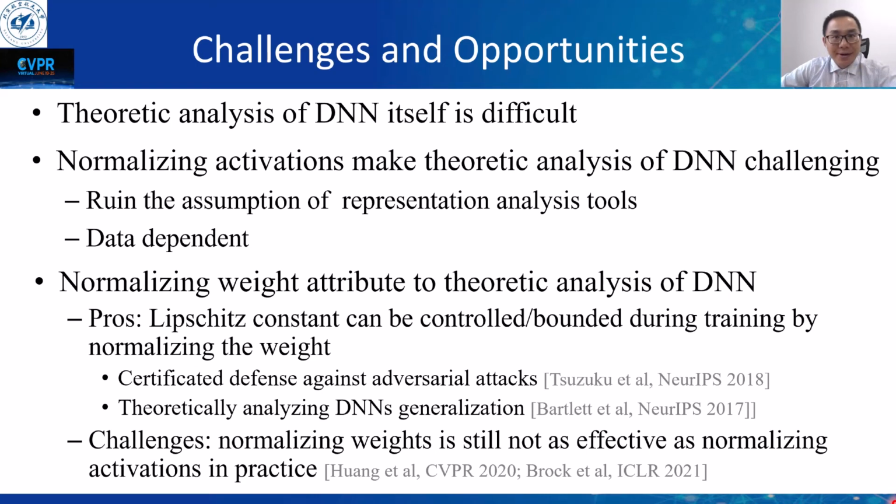One clear example is that normalization techniques are ubiquitously used in current state-of-the-art architectures, yet the theoretical analyses for deep neural networks usually rule them out. In fact, the methods commonly used for normalizing activations, for example BN or LN, often conflict with current theoretical analysis.